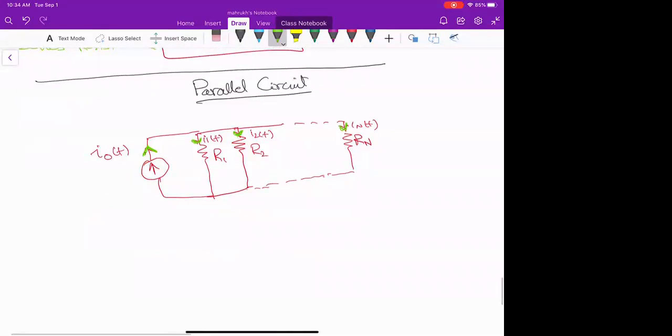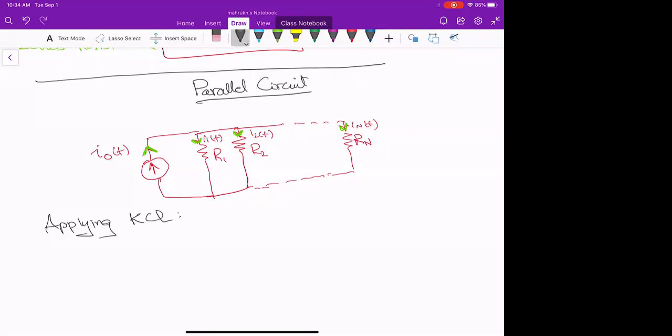Now if I apply KCL, I can apply KVL too in this circuit, but KCL is easy because I can see that currents are dividing in the circuit. That's why it will be easy to apply KCL.